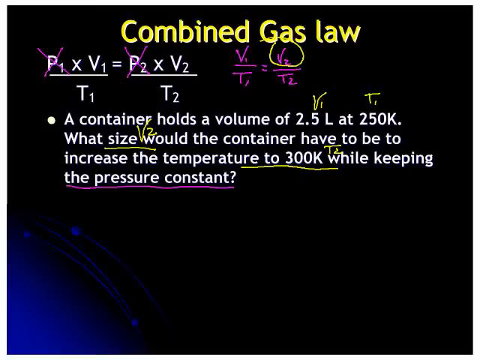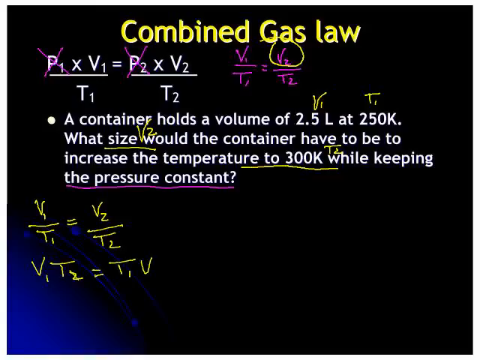Now, it's always best to move your letters around before you start putting numbers in. I know some people like to cross multiply and bring everything up to the numerator, like so.